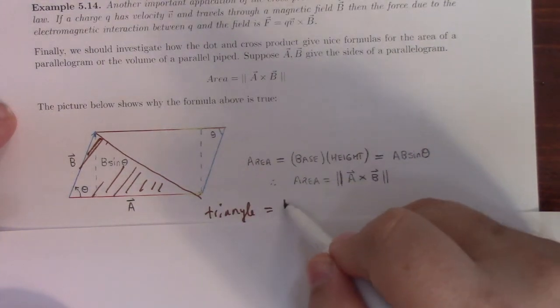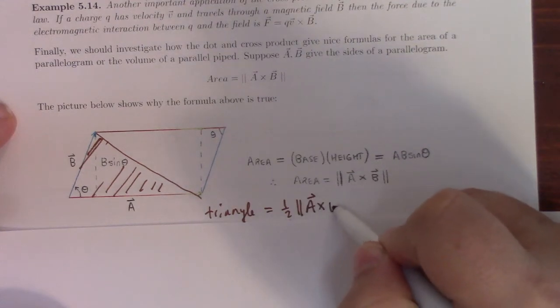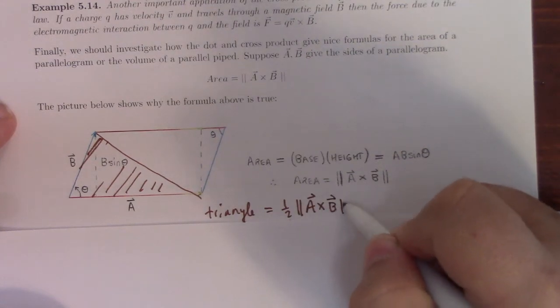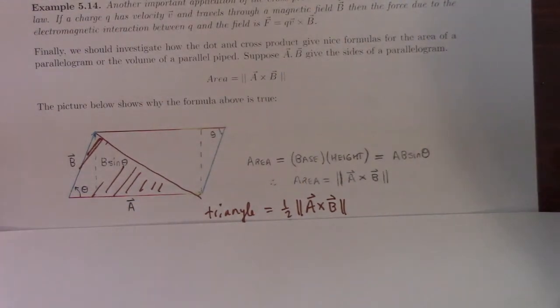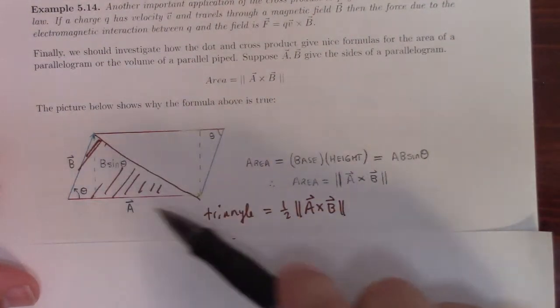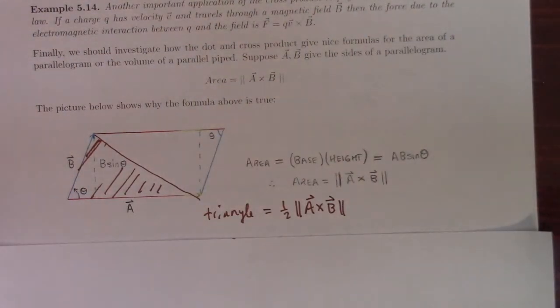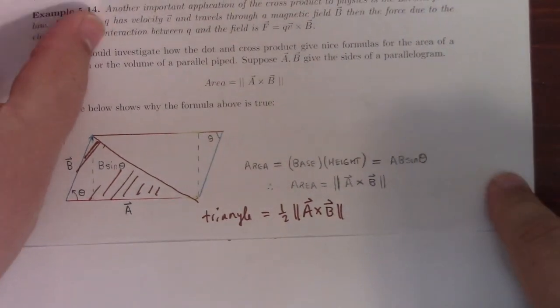Well, that would be 1/2 the magnitude of A cross B, because the area of the triangle is 1/2 the area of the parallelogram. So if you take half of the magnitude of the cross product, it gives you the area of the triangle which has A and B as two of its sides. So that's a fun thing to know. That will help you with one of your homework problems.